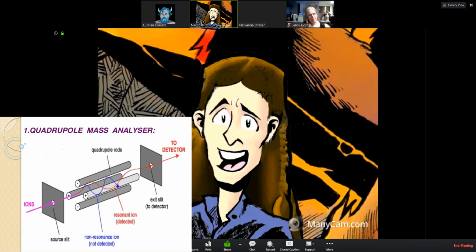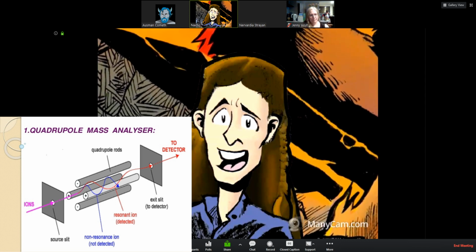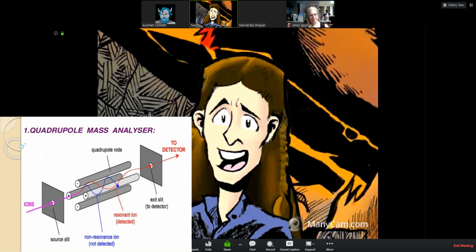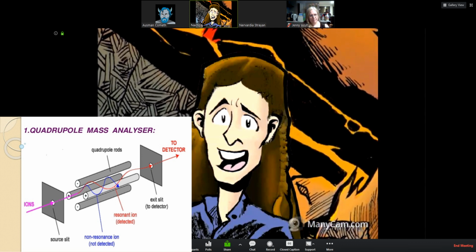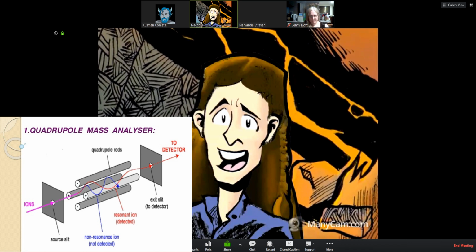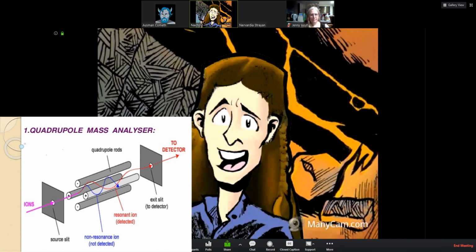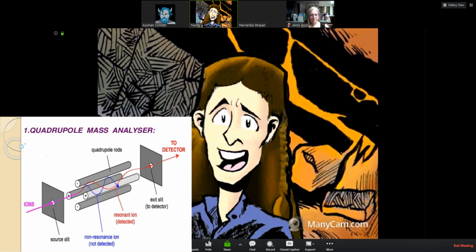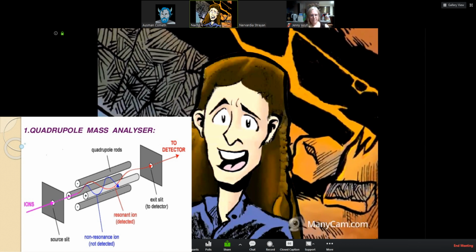So basically, you can probably see right now that the non-resonant ion is not detected. It gets caught in there, but the resonant ion goes straight through to the detector.